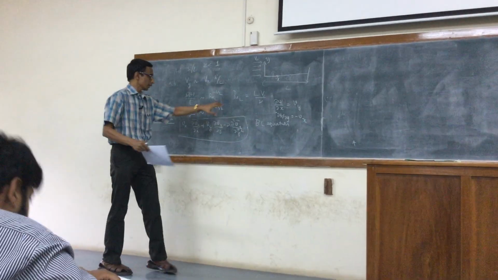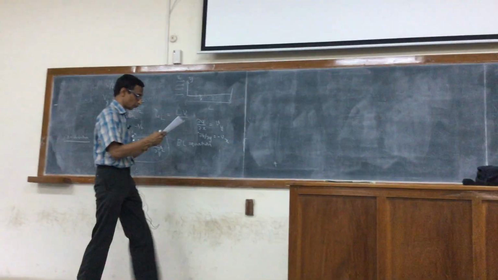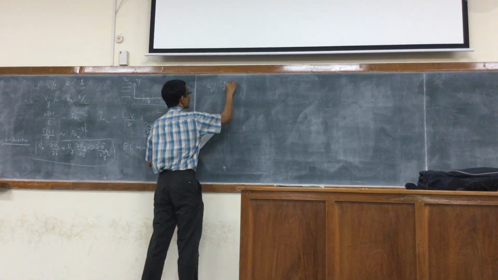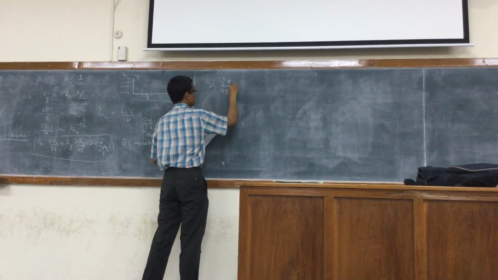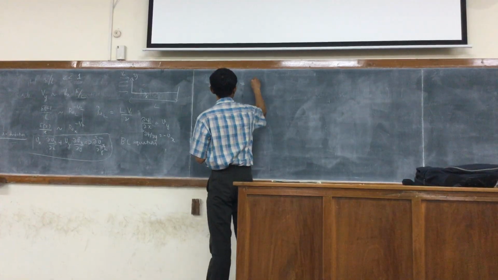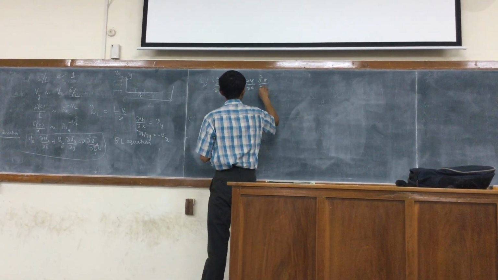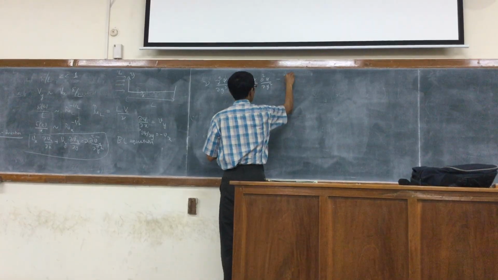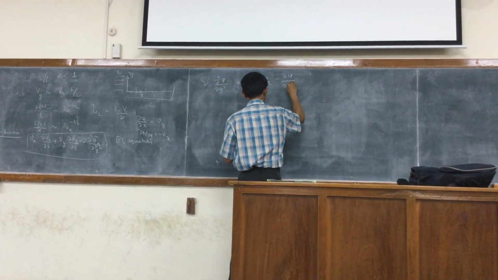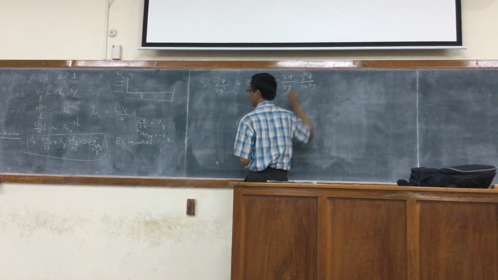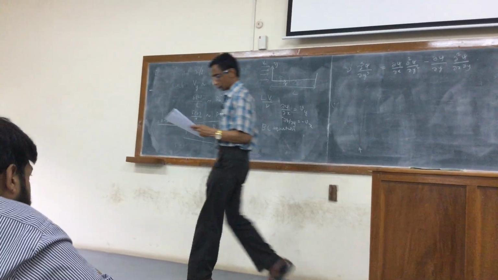If you put that into this equation, then you get the following third order partial differential equation in psi, and that will look like this. We have looked at this also in the previous class. So the question is now how do we solve this?